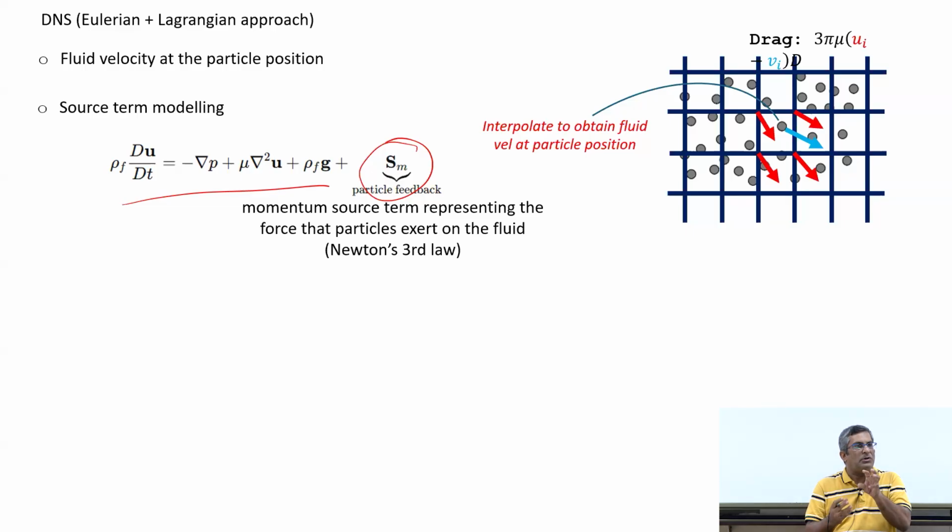So is it possible to simply add one source term? And if we add, it should have the results from ensemble averaging. Ensemble averaging means you account for all particles in one grid and for all time instants. Okay, so how do we approach that? So time is up, so we'll continue this in the next class.